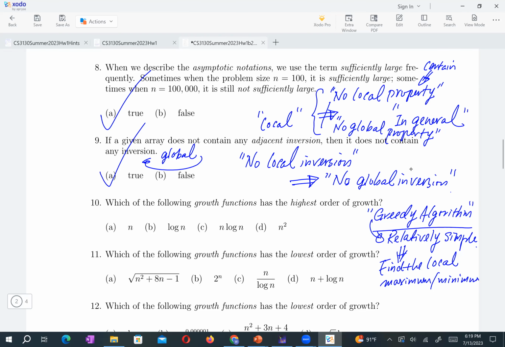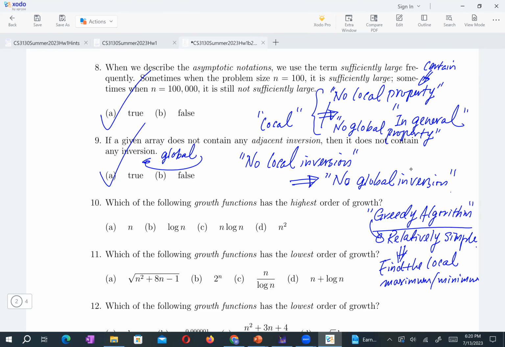That's the best you can, local, not global, because when you get a maximum or minimum, you only look at the nearby data.